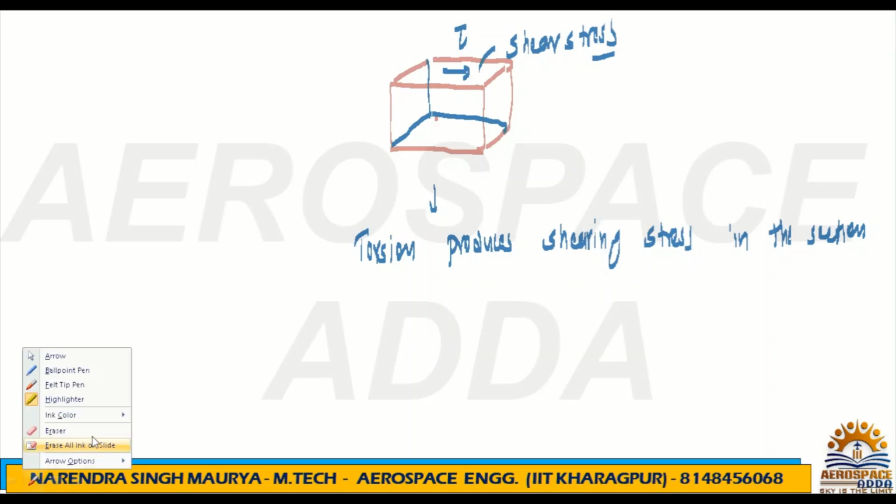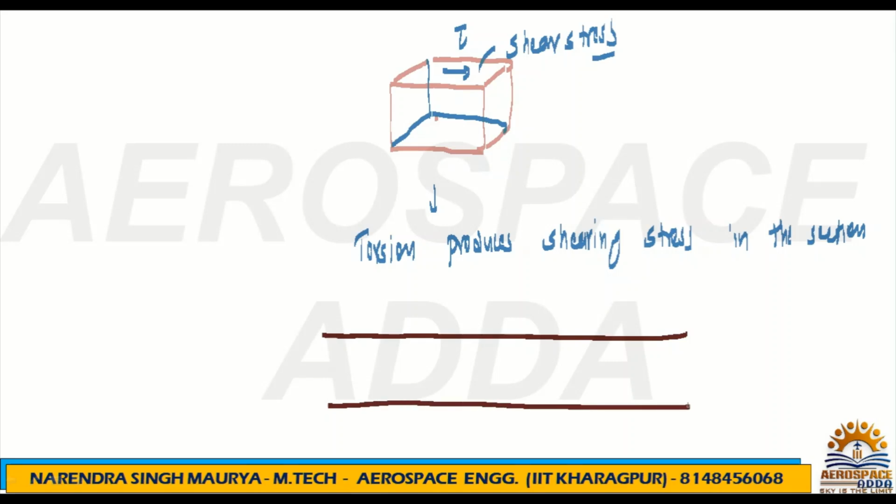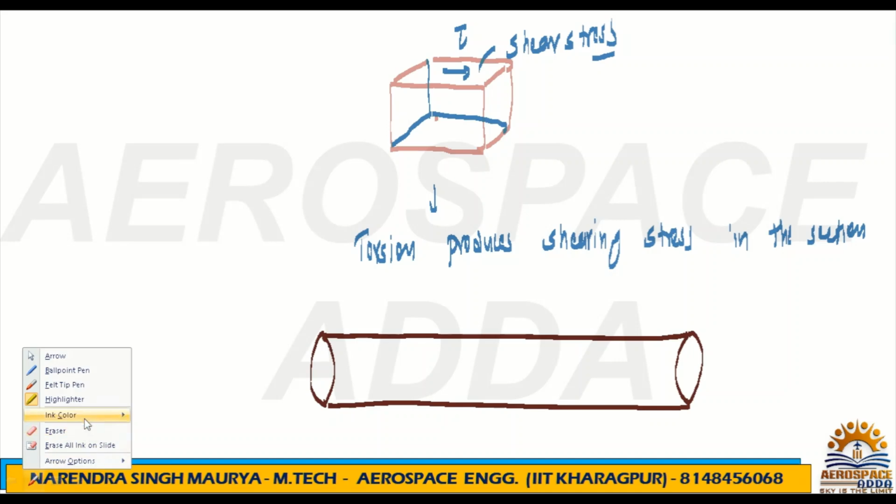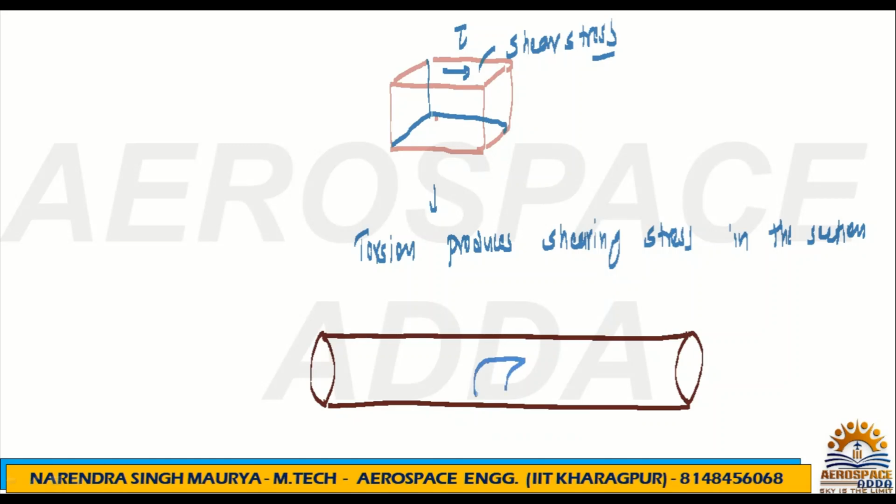Suppose this is the shaft, and for this shaft we have a torsion. Anywhere we can take one elemental portion, and that elemental portion is somewhat like this. You cut the portion, so the portion will be like this, and it is connected with the torque here.